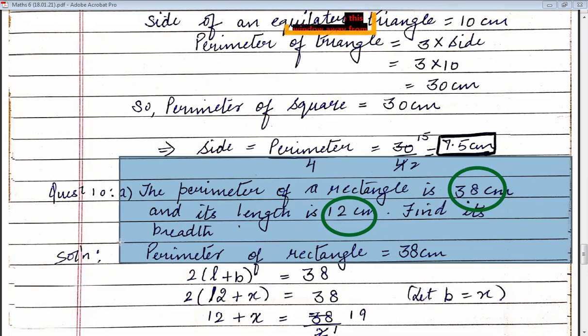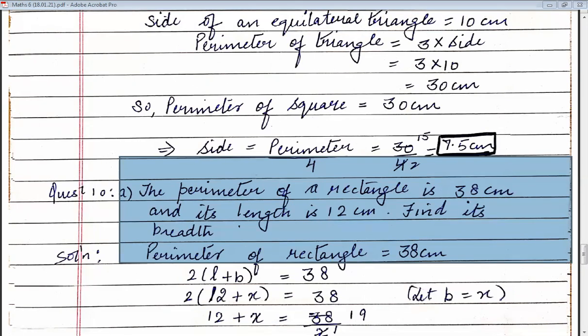Find its breadth. Here one unknown dimension is there, that is breadth. So you have to find the value of breadth. Now children, I have given you the direct formula. You can use the direct formula here, but let's solve this question by using algebra.